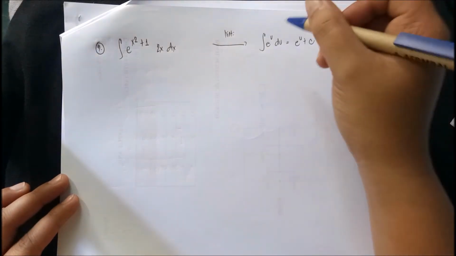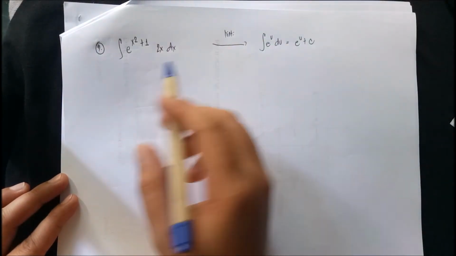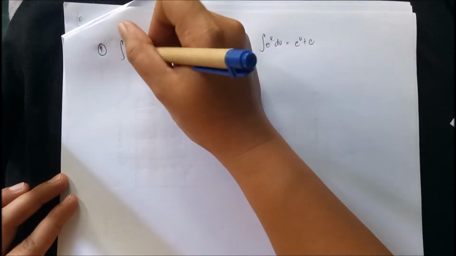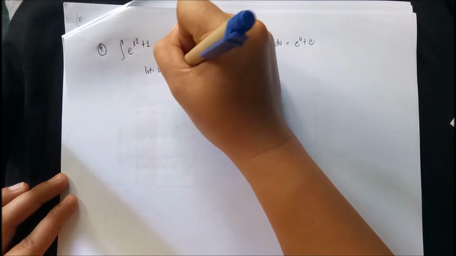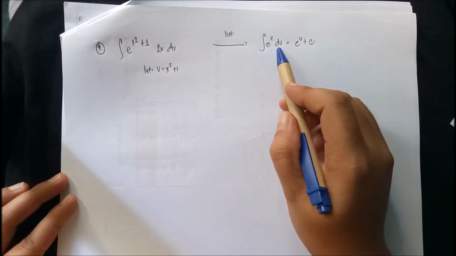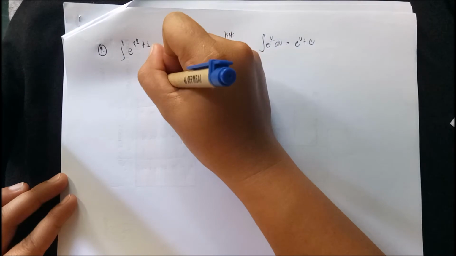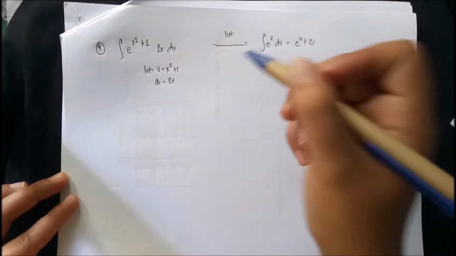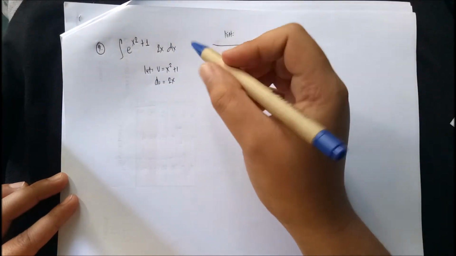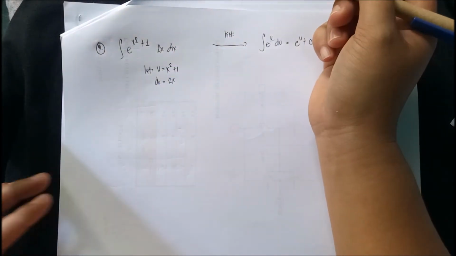Now, in this case, let us assume that our e, of course, is yung e. Yung u natin, class, is itong x squared plus 1. Class, kailangan niya, katabi niya yung du mamaya. So, hanapin muna natin si du. Yung du natin ay 2x. Tama? Class, nagkataon ba?